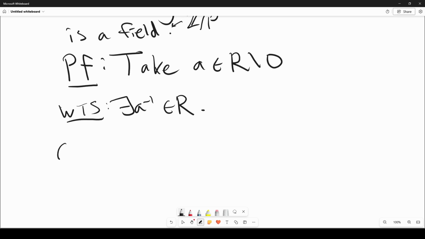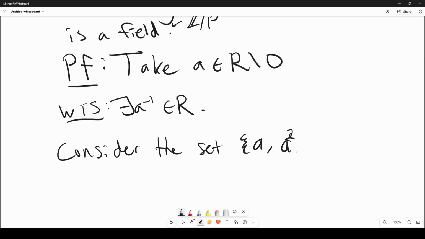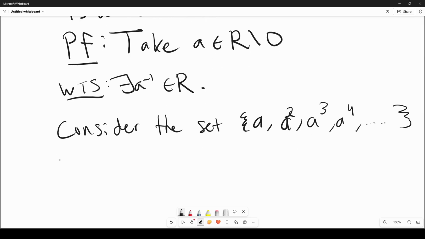So consider the following set. I'm going to take a, a squared, and I'm just going to keep on taking powers of a, so on and so forth. Now, since R is finite, eventually this list is going to have to loop back on itself, right?